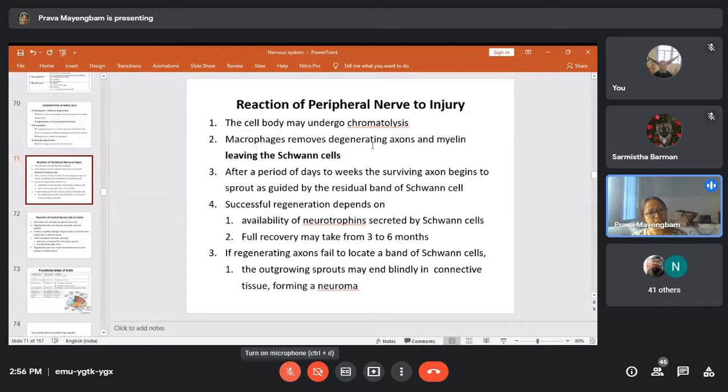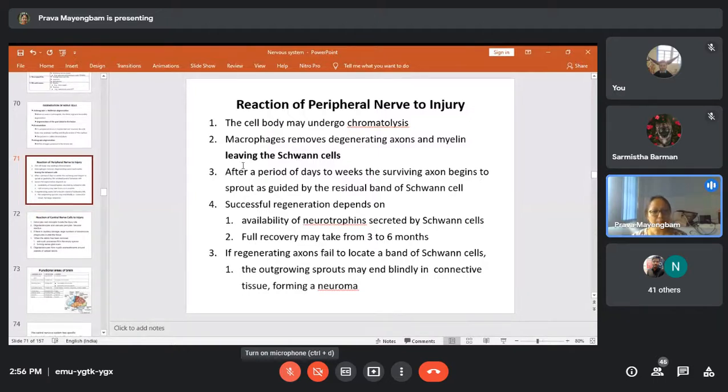And the macrophages will remove the degenerating axons and the myelin. Only a few Schwann cells will be left. The majority of it will be removed by the macrophages. Then these Schwann cells will regenerate again, which means they will divide.